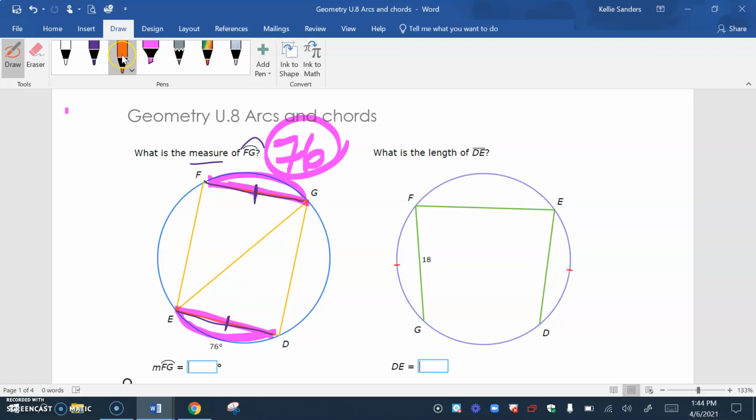And that's basically how a lot of this lesson is going to go. And we want DE, and DE is the length right here. And because this is congruent to this, then this is congruent to this. And since this is 18, then this is going to be 18. So your answer is 18.